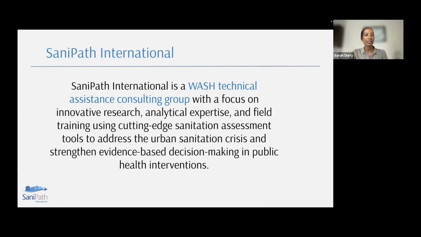The scarcity of accessible data on sanitation challenges often leads to policy interventions without sufficient evidence. Through extensive research and advanced analytic techniques, SaniPath International bridges this gap, providing data-driven insight that informs impactful sanitation initiatives, while also empowering policymakers and stakeholders to make evidence-based decisions for improved public health outcomes. Put simply, our goal is to lower the barriers to using public health data for decision-making.